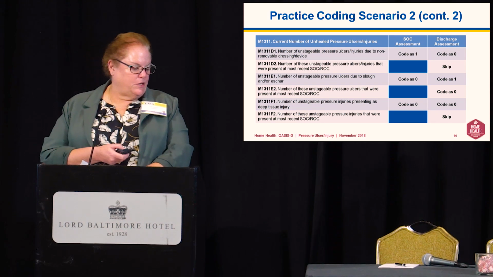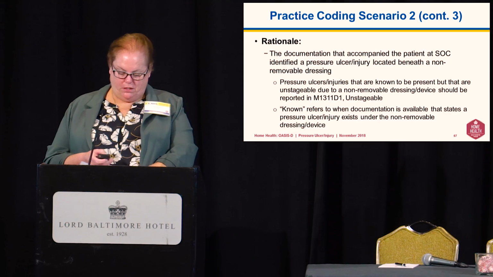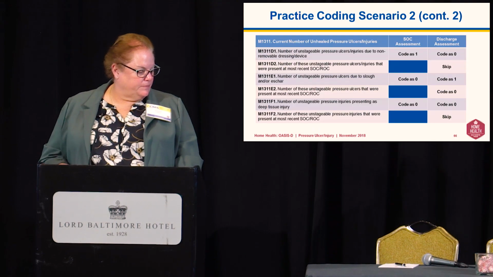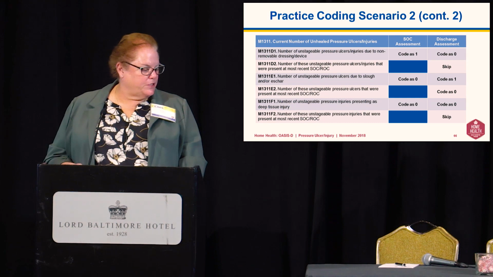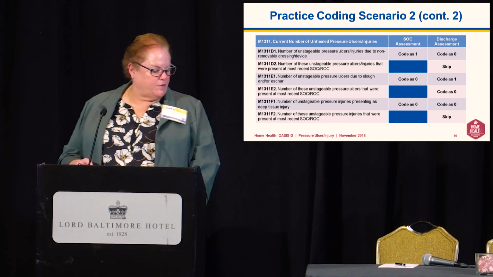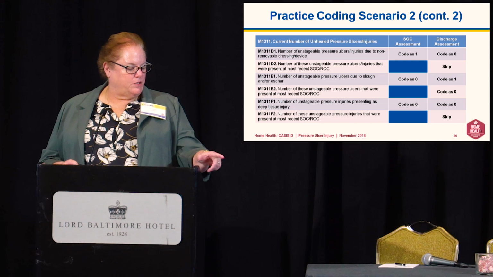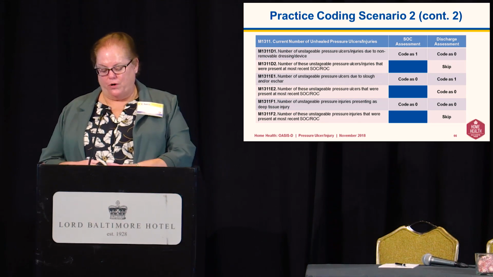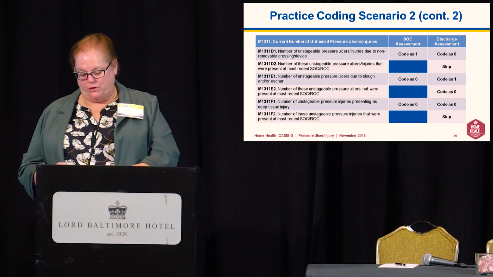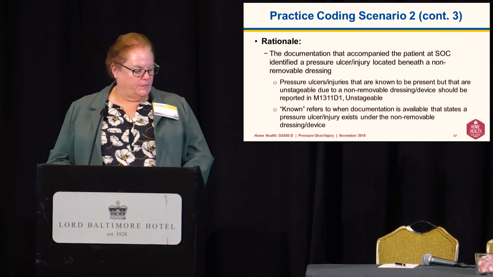And then if we continue on, oh, I'm sorry. So the number of unstageable pressure ulcers due to slough or eschar, on admission it was 0, on discharge it's 1, and then that follow-up question is how many were present upon the start of care, and we have 0.